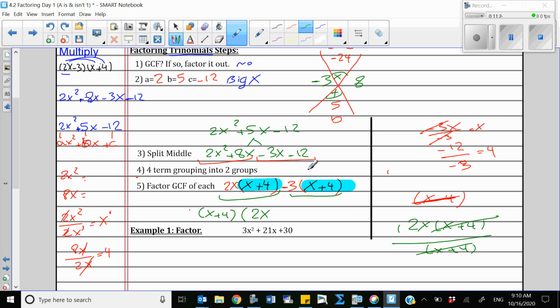Then for the second group, again, if I factor that out, it's like I'm dividing negative 3 by x plus 4. These two cancel each other, and I will have only a negative 3 left. So I'm going to write negative 3 here. And this is the factored form of this trinomial.